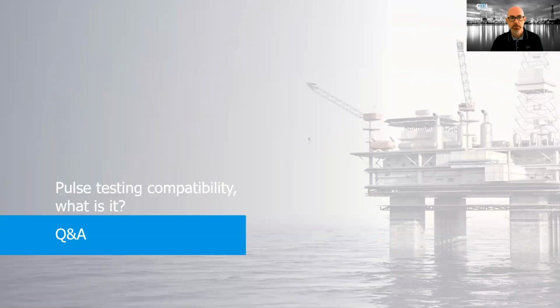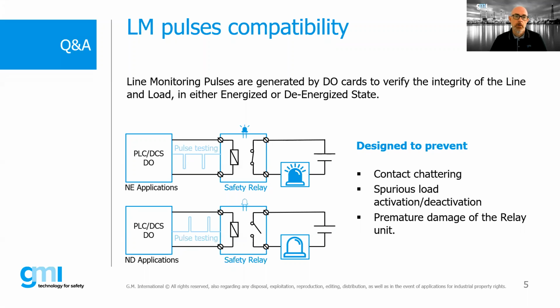The other question usually is related to pulse testing compatibility. What is it? Almost all PLC and DCS systems have the possibility, through a series of pulses, to test the status of the line that connects them to the relay coils.